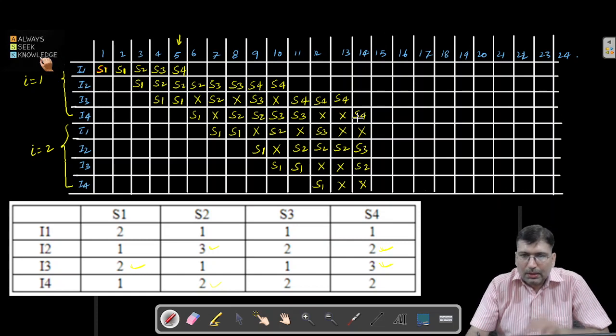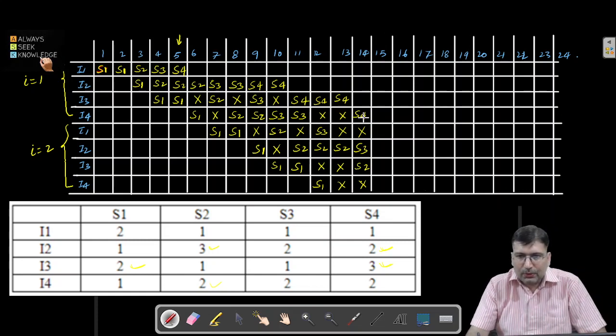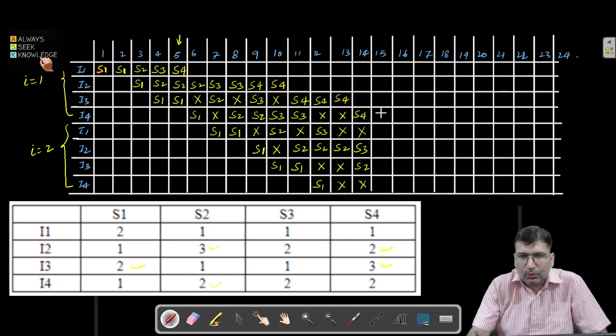Right? Now, once I4 consumes 2 cycles in S4, by cycle 15, I4 will be ended, right? So till then I1 will not be able to shift to S4, and I2 in S3 will require 2 cycles.